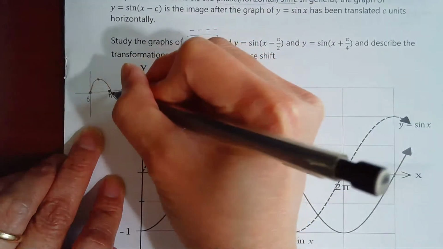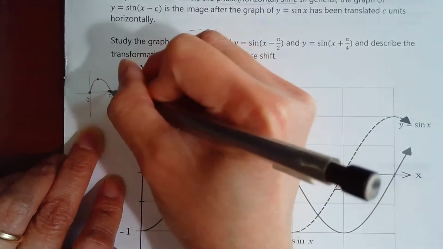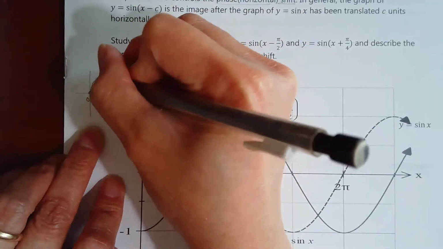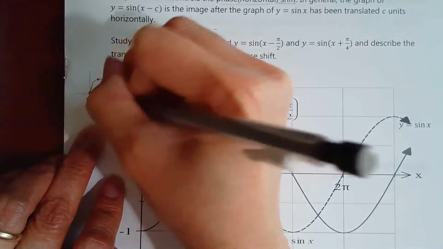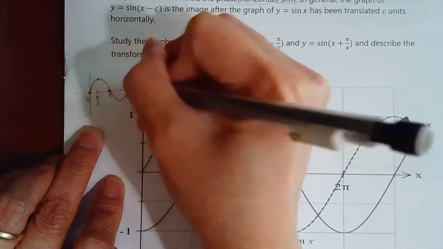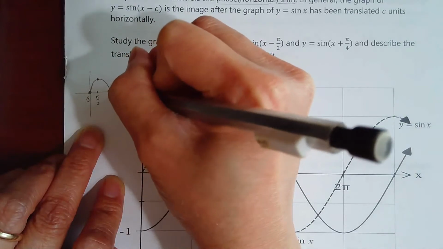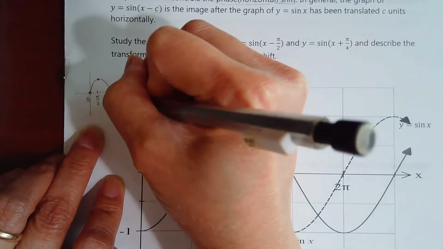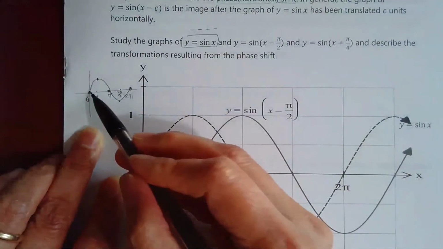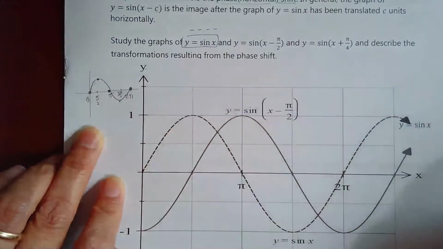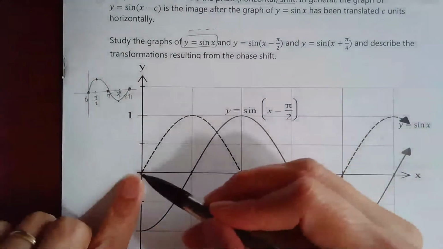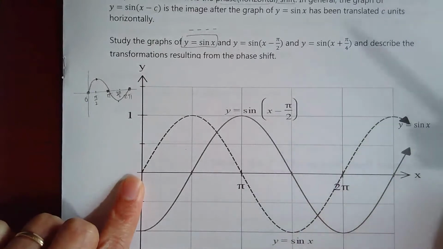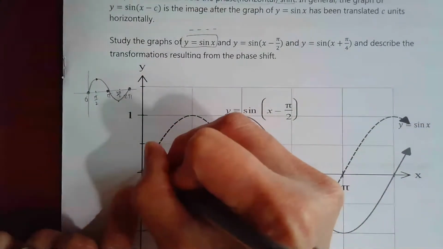So 0, pi, 2 pi, those are the zeros here. And then this is going to be pi halves. At pi halves, it's 1. At 3 pi halves, it's negative 1. Okay, so that's what the graph looks like.